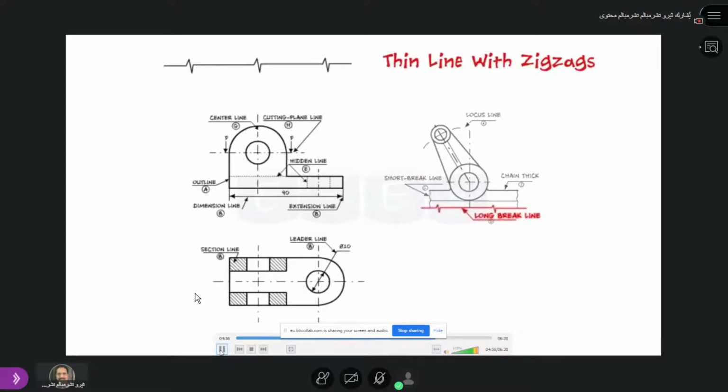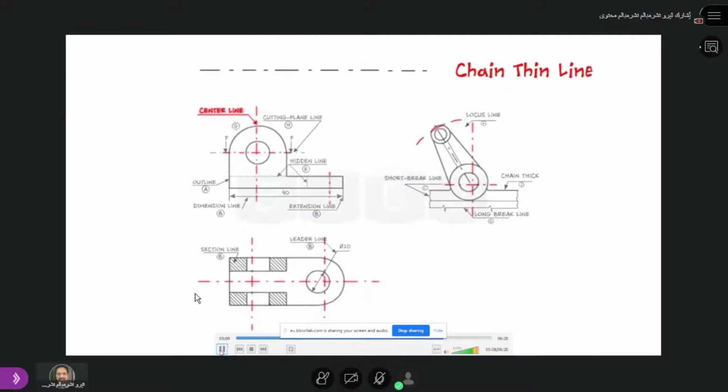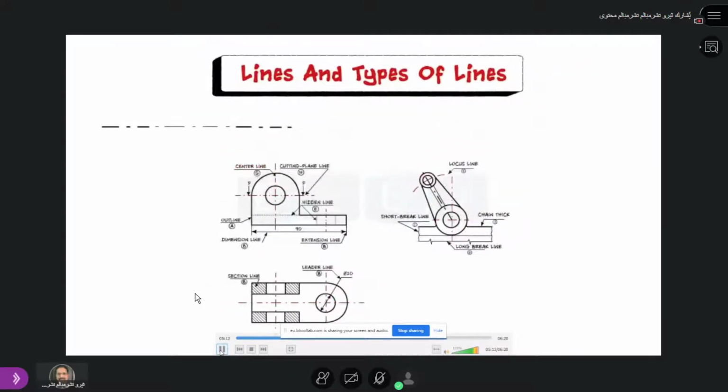This line is used to show long break. See, that's a thin line. Next is the dashed line. This line is used to show hidden edges of the main object. Next is the chain thin line, long dash dotted. This line is used to represent the center line for circles and arcs. Next is the chain thin line with thick at the ends. This line is used to represent the location of a cutting plane.